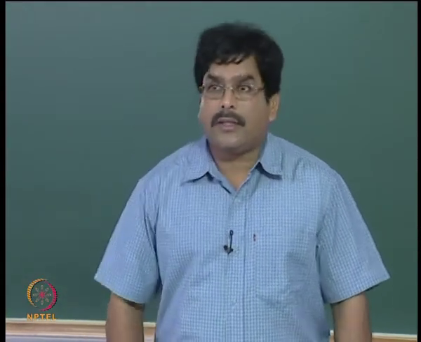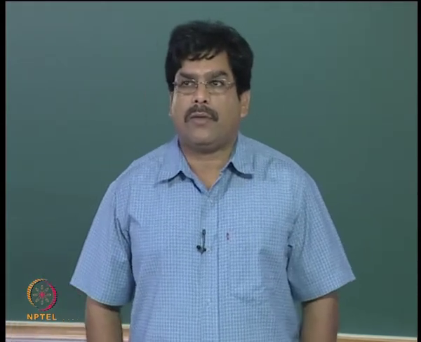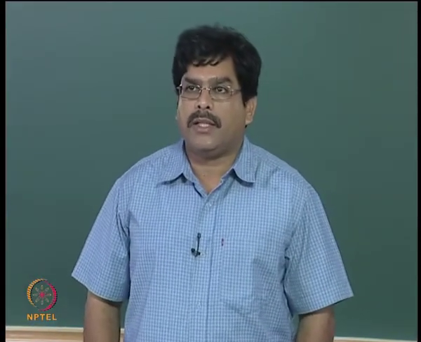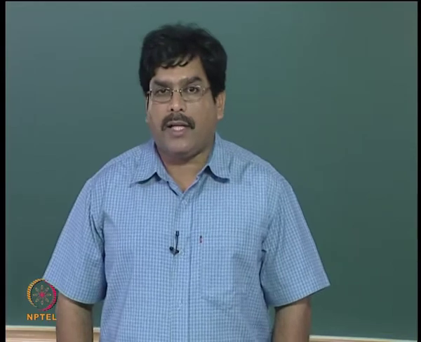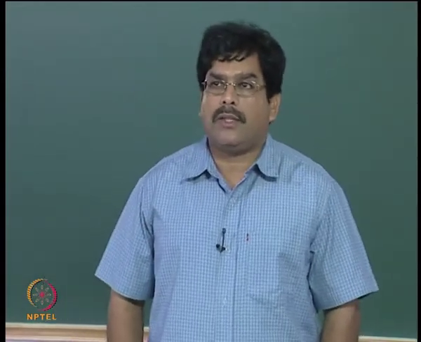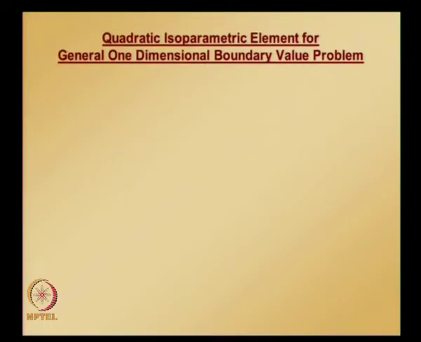And in today's class we will continue. What we will be doing in today's class is deriving element equations using quadratic element for general one dimensional boundary value problem, which we already did earlier using 2 node linear element.